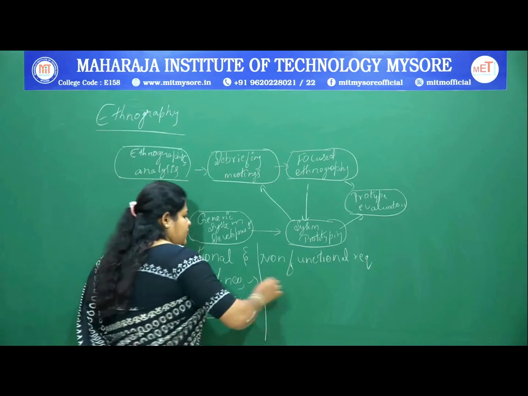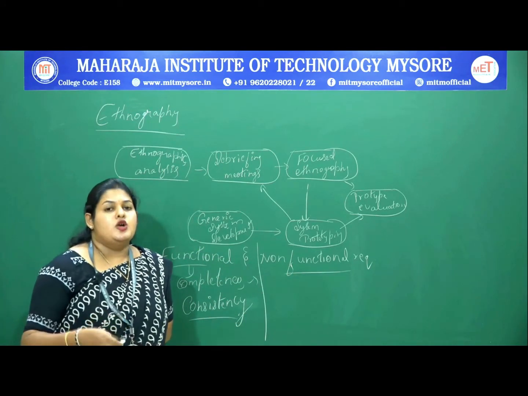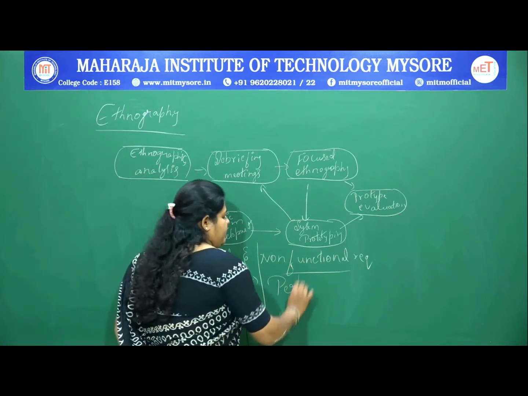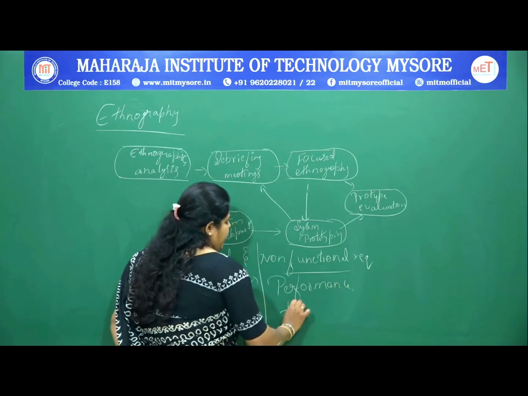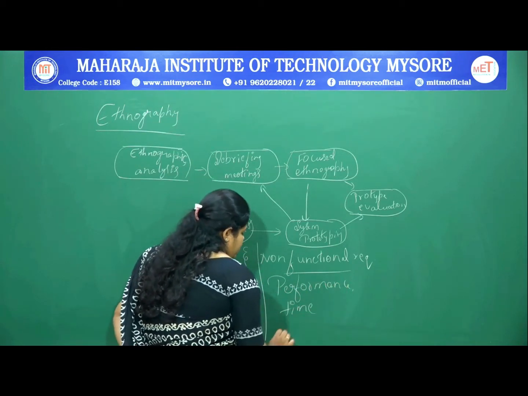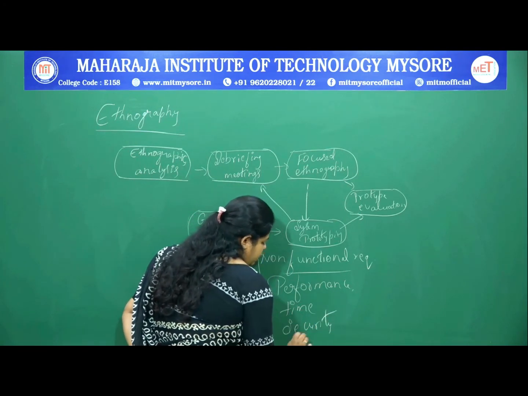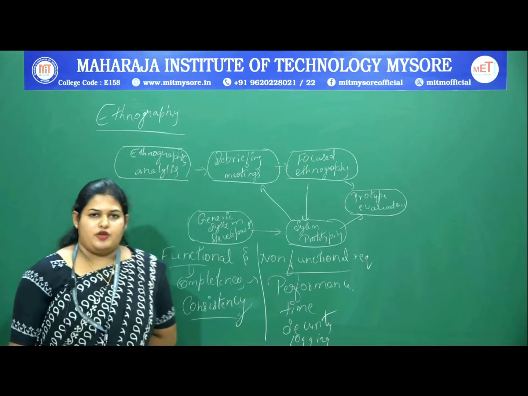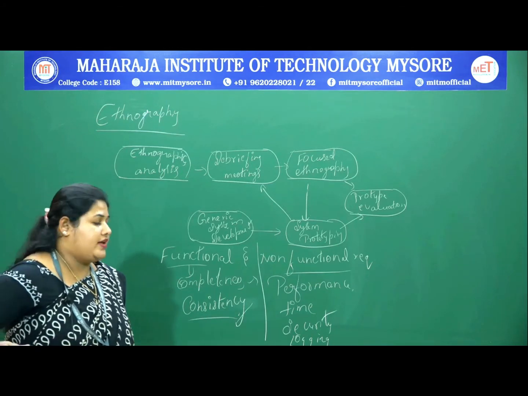So what about the non-functional requirements? What are the other set of things which are non-functional? The best examples are performance, time, security, or logging. All of this comes under the non-functional requirements, which we cannot predict in the very first manner itself.